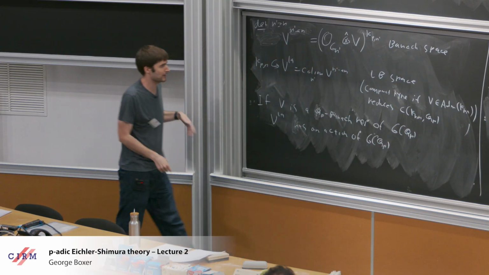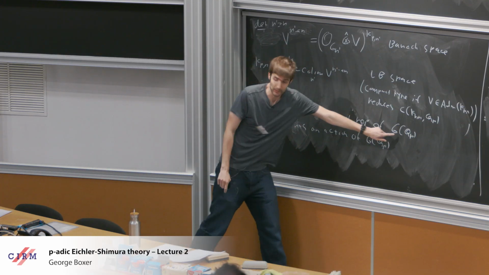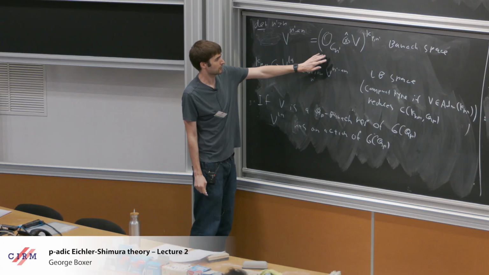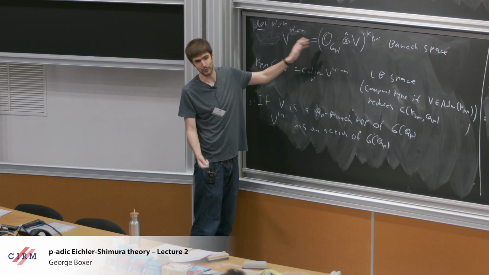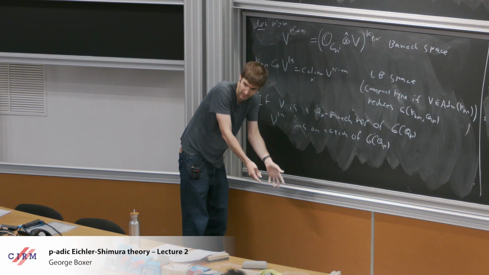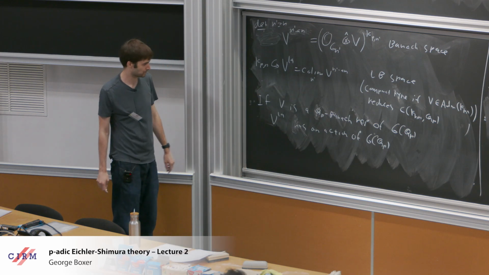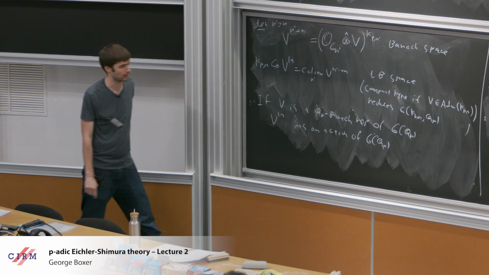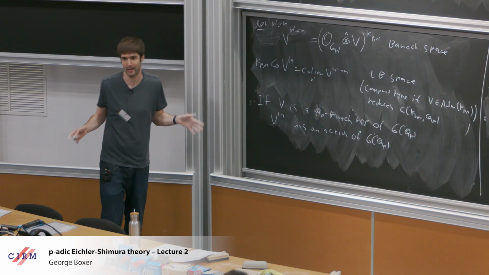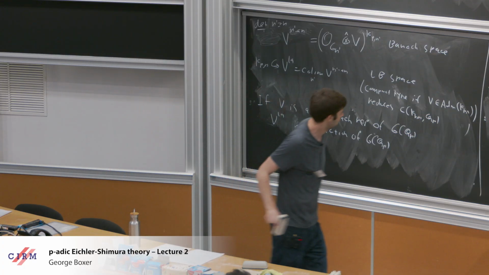And maybe I don't really explain this, but the point is that if you take an element of G Qp, it will conjugate this principal congruence subgroup to some conjugate, but then that will contain one of the smaller congruence subgroups. And so you really get an action on the locally analytic vectors, but of course not on the n analytic vectors for any n.